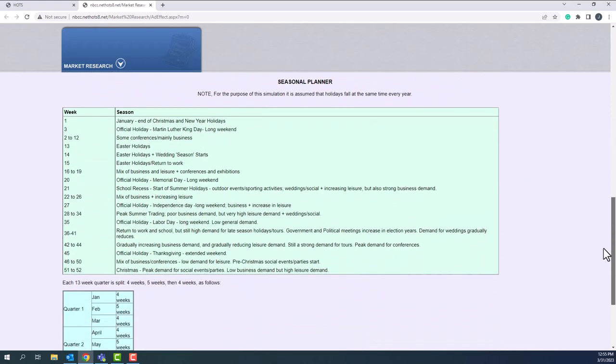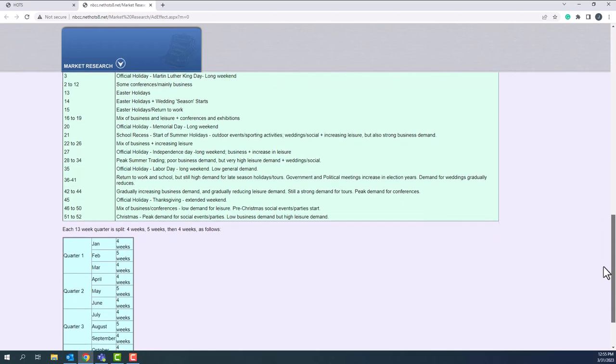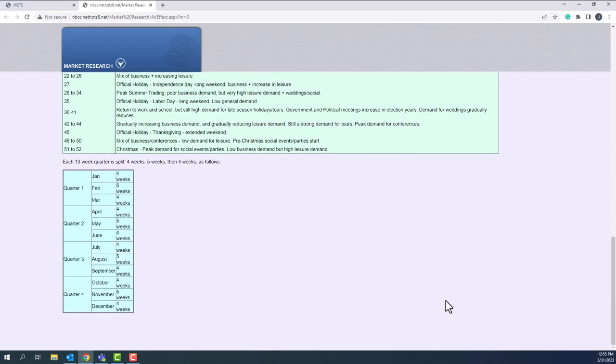There's also a season planner here, so it tells you about some things that are going on, and a calendar. Now, please note this calendar is quite important. Although we look at monthly reports, it's not actually a calendar month.